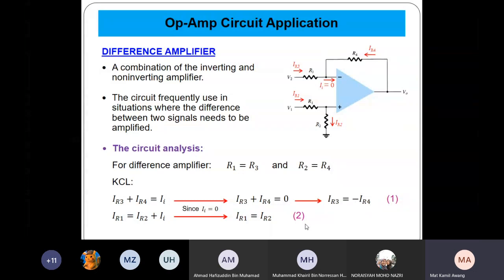So you have two equations here: IR3 is equal to minus IR4, and IR1 is equal to IR2. What's coming in is equal to what's going out.